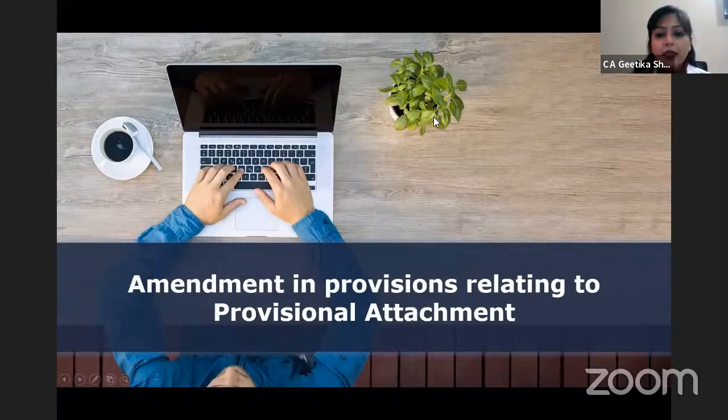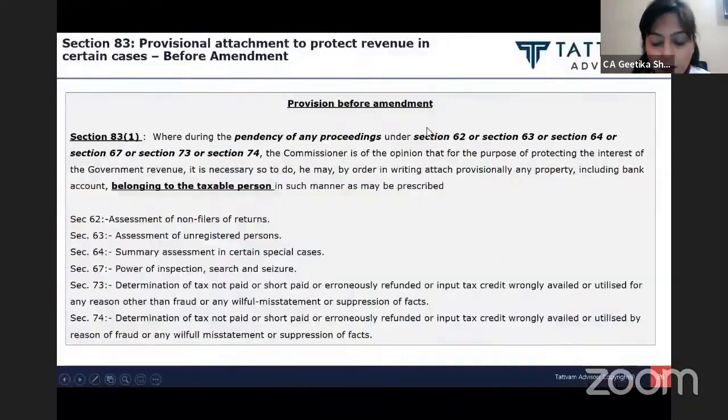This amendment is relating to provisions relating to provisional attachment. Now, I'll just extend what Tushar had said in his session while talking about the adjudications that the officers are issuing, the notices they are issuing. So this is another provision which was there in the law under section 83, where the government officers have been given powers to provisionally attach the properties.